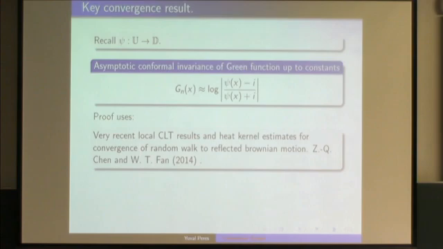This is a convenient way for us to handle the quantitative aspects of the convergence, which are in the paper. You can see them on the arXiv.